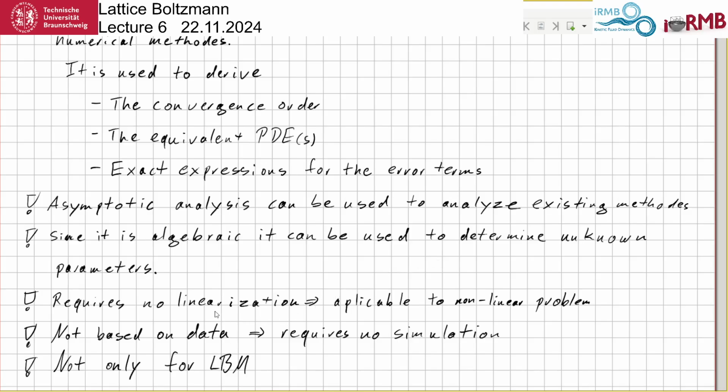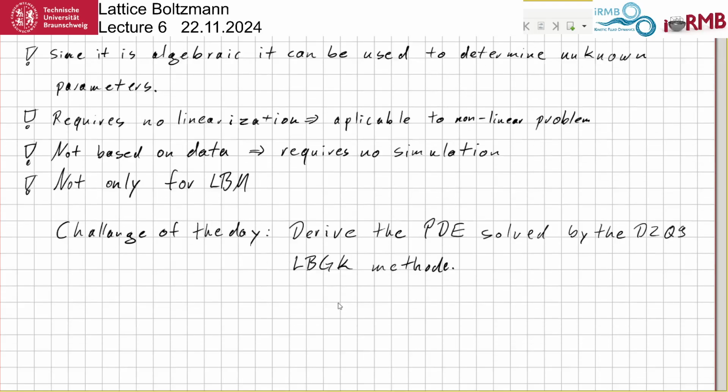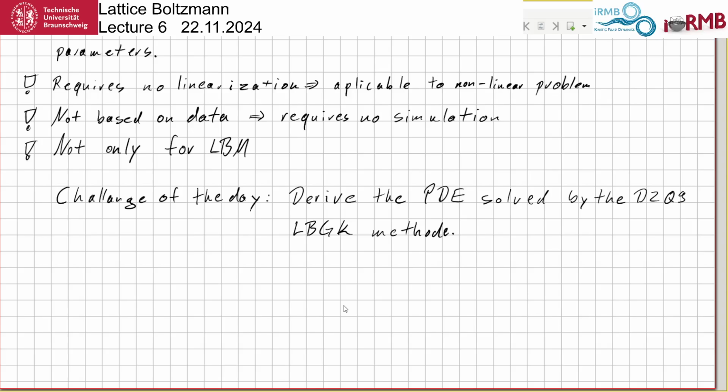Other than, for example, von Neumann analysis, it does not require any linearization. It's applicable to nonlinear problems. And as I said, it's not data-based, it's just analytic, so it requires no simulation. And of course, you can apply this also to other things than Lattice Boltzmann. Okay, that's what I just wanted to say.